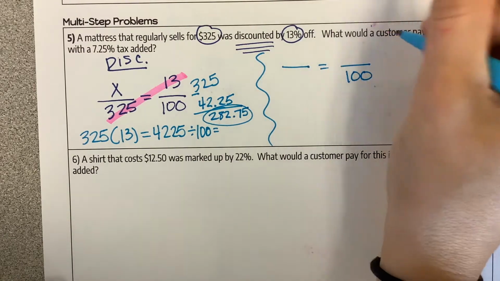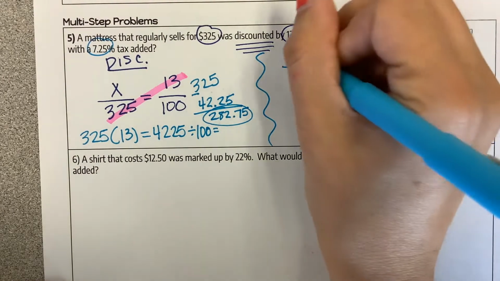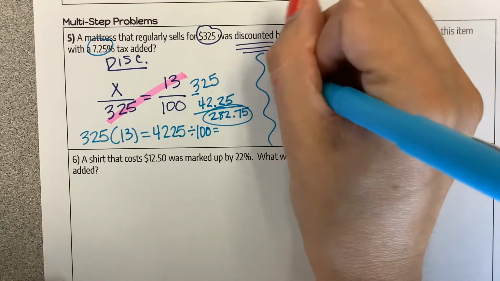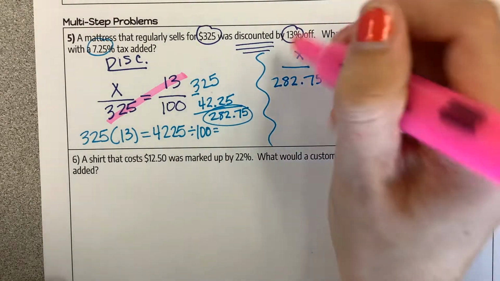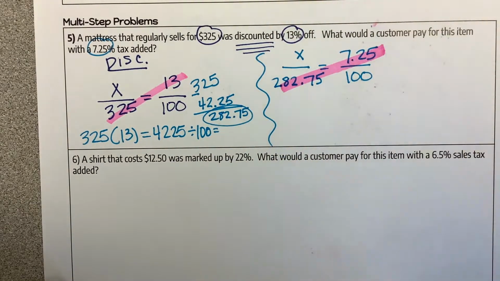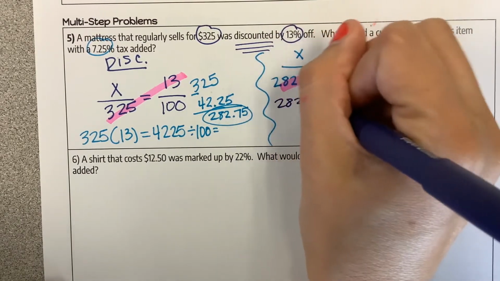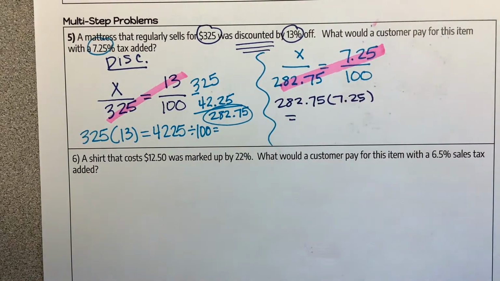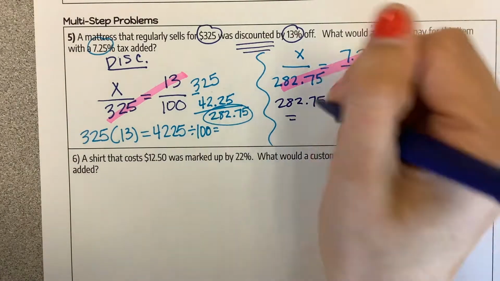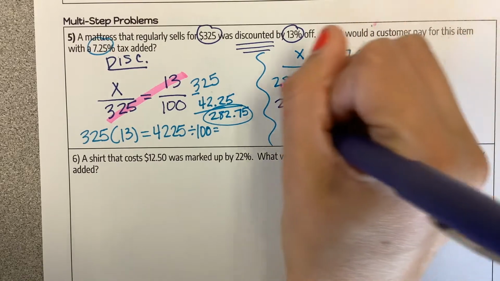The percentage for tax was 7.25%. We want to know what that is on our new price of $282.75. I'm going to solve this by multiplying $282.75 by 7.25, and I get a long decimal, 2,049.9375.